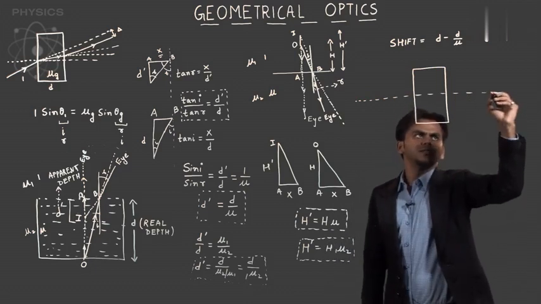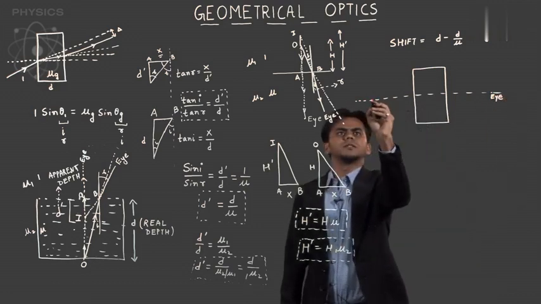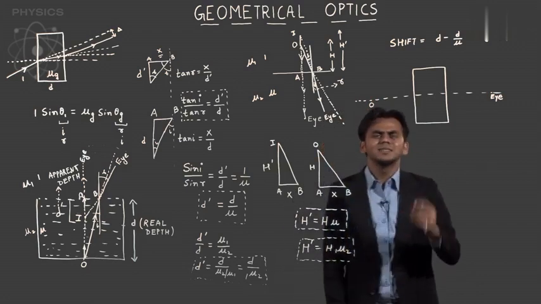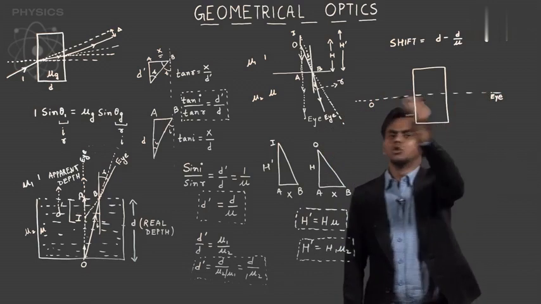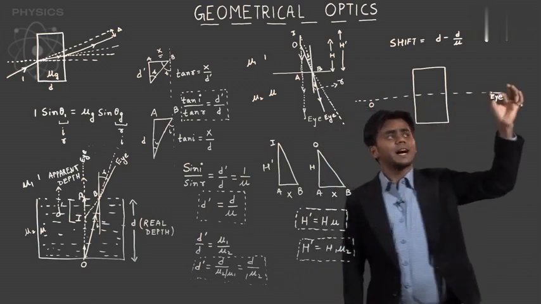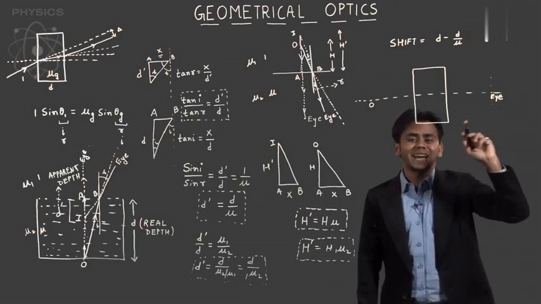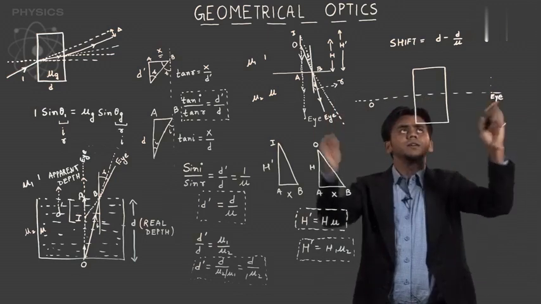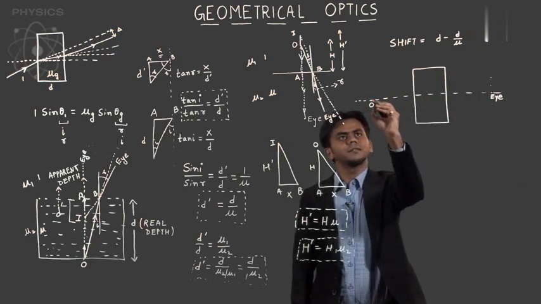If your eye is here, and this is your object, the ray of light will simply go unrefracted, no shift. But if the eye is slightly here or here or here, and the angle is small, mind you, if this distance is small compared to these distances, then I can use this formula. How? Let's try to understand that.